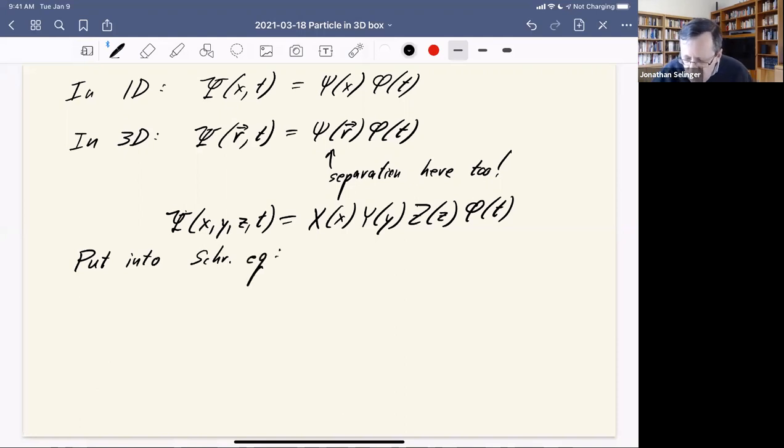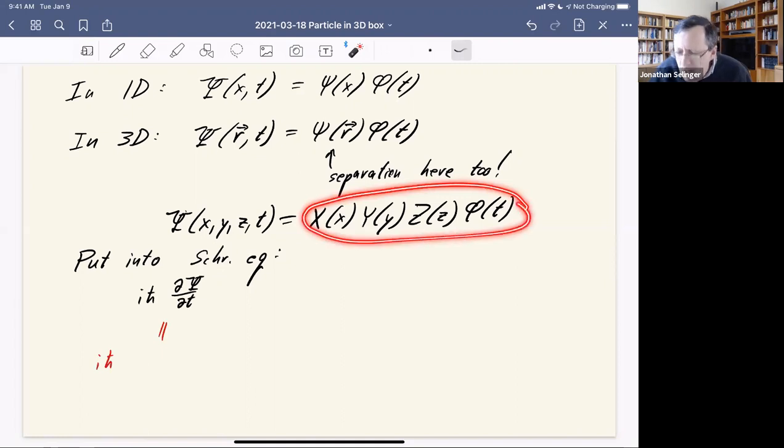Okay, so for Schrodinger's equation, on the left side, we have iħ ∂ψ/∂t. This is going to be equal to iħ times the partial derivative with respect to time of this whole product.